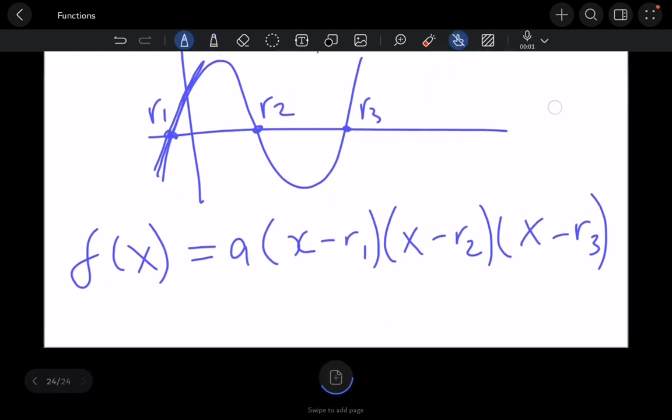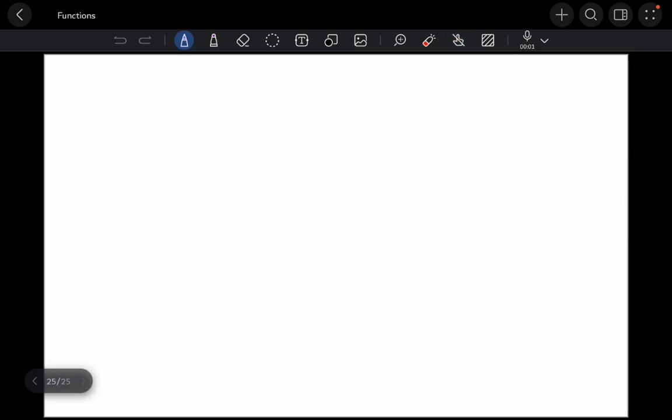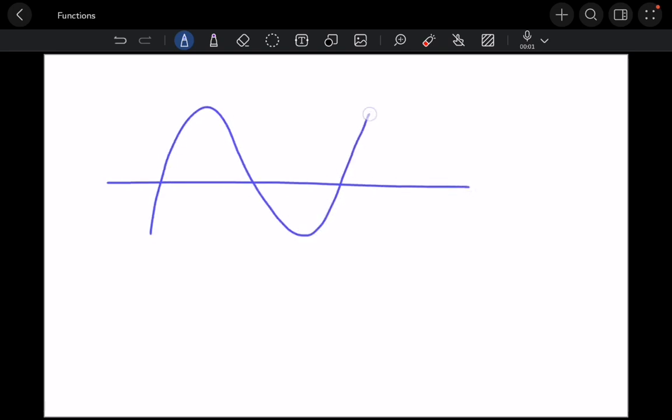I'm going to give you this example numerically. This is your Cartesian plane. This is minus 1, this is 2, this is 3, for argument's sake. And the question asks you to find the equation of this function.